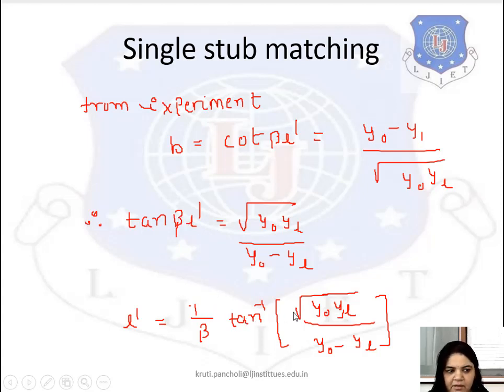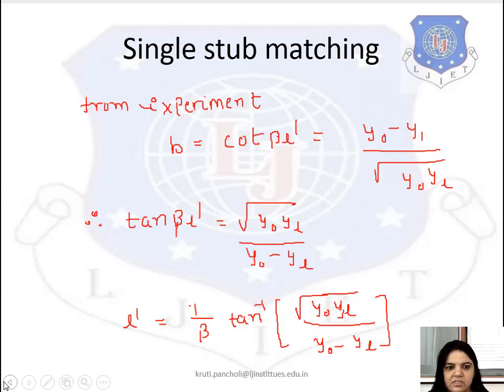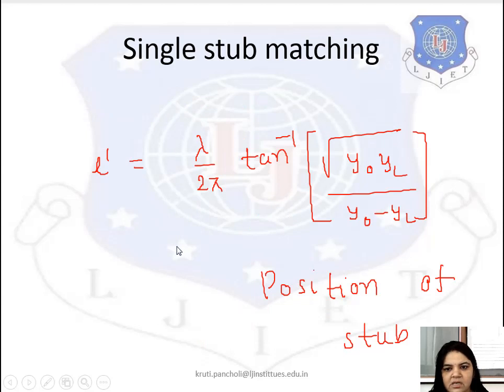But we know that β is equal to 2π/λ. So putting β = 2π/λ in this equation, we get L' = λ/2π tan⁻¹ √(Y0 YL)/(Y0 - YL). So this gives us the length of the stub.